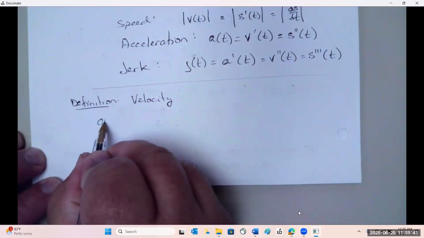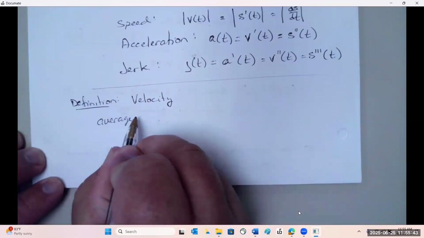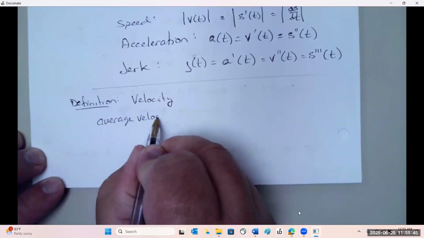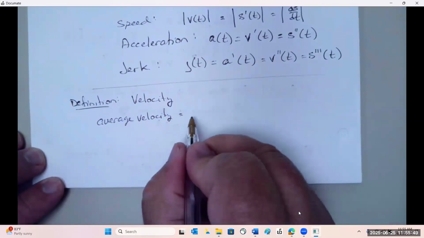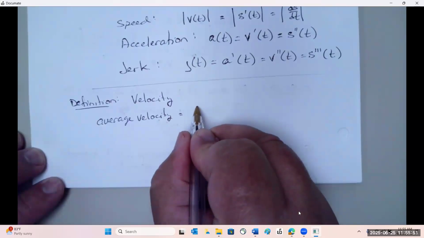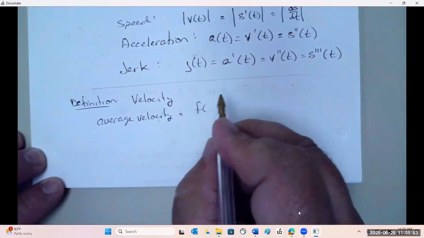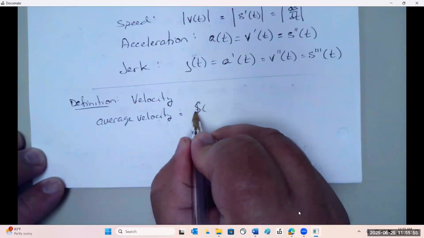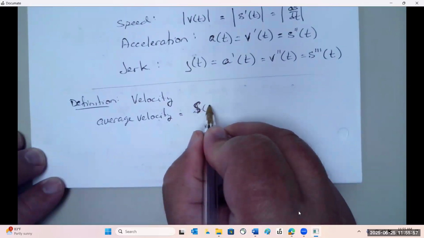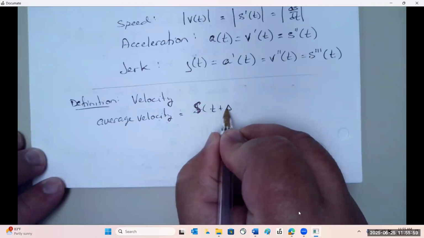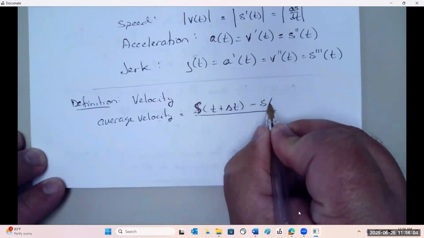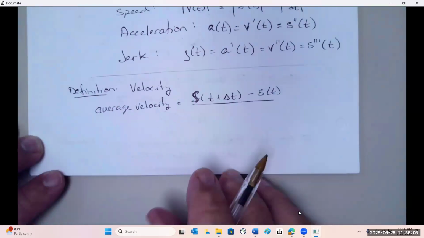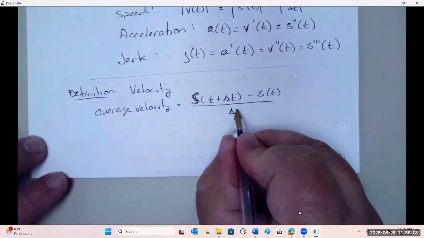So average velocity is simply the change, oh, I'm going to put S there. It's a change of displacement over the change of time.